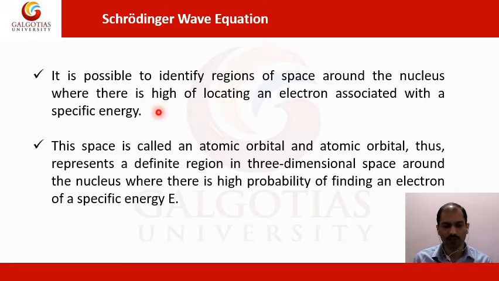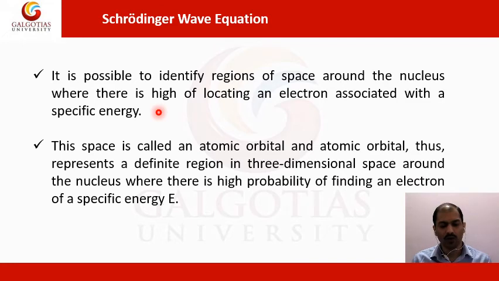It is possible only when certain conditions are satisfied, and then only can we say that the different forms of the Schrödinger equation will fit for finding the probability of finding the electrons around the nucleus in different orbitals.